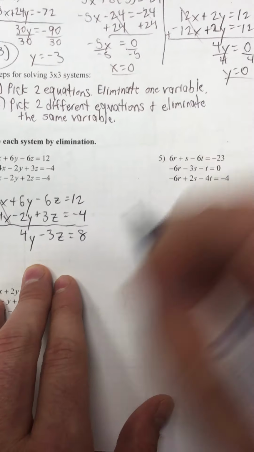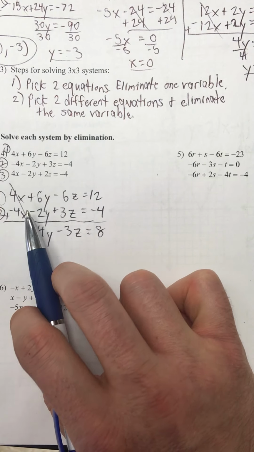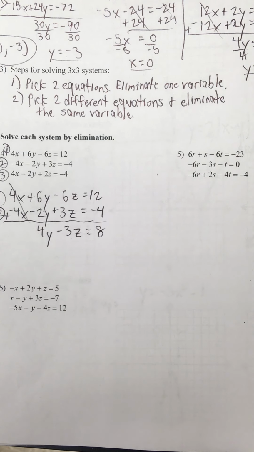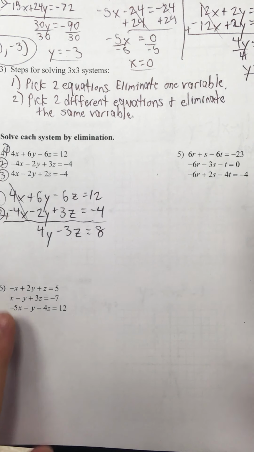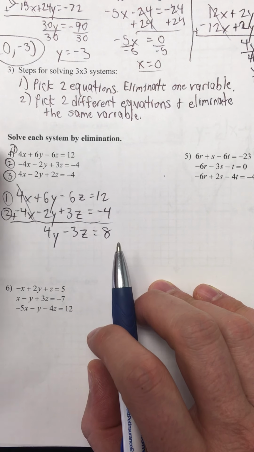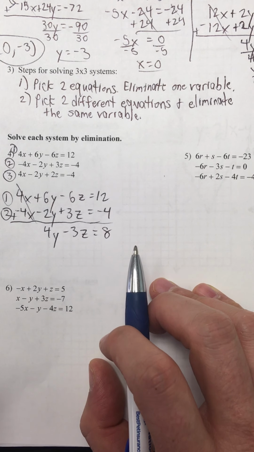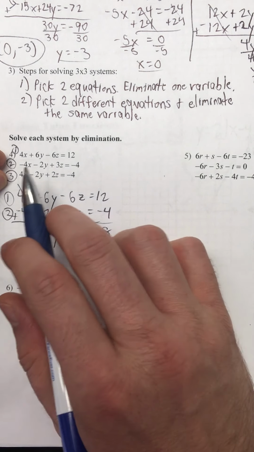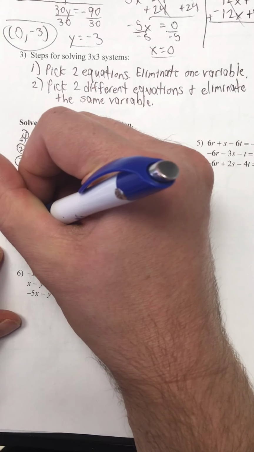Since we eliminated x in our first set of equations, I need to eliminate x again. Don't eliminate x the first time and then y the second time. You'll hit a dead end. So now I can either use equations 1 and 3 or 2 and 3. Which set of equations looks like it'd be easier to cancel out x? Definitely 2 and 3. They already cancel out. So let's use equations 2 and 3.